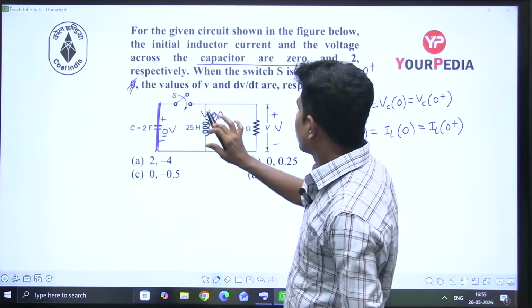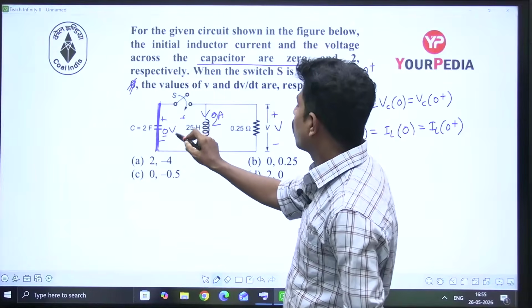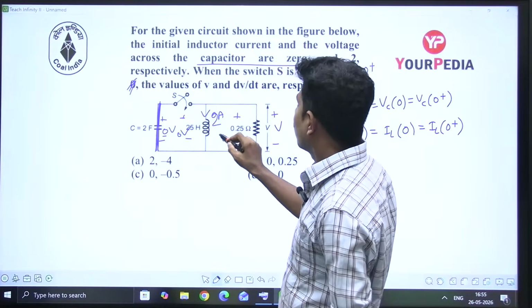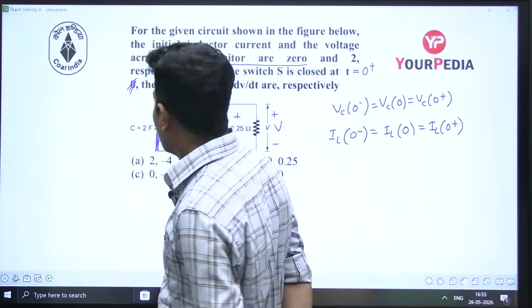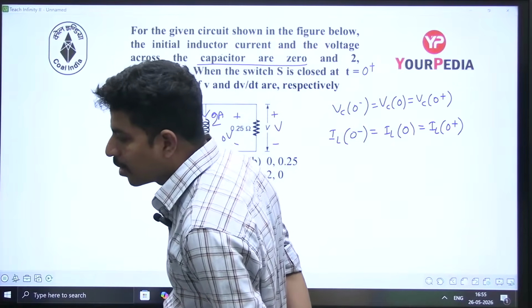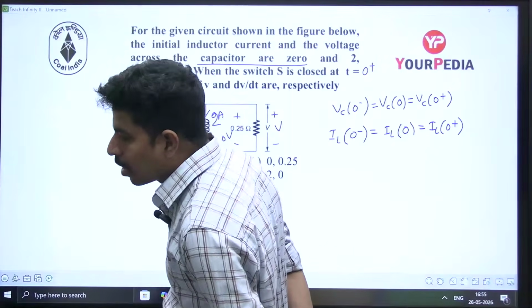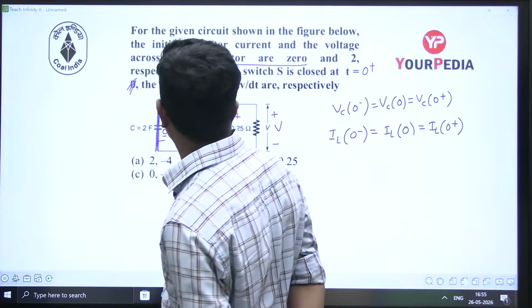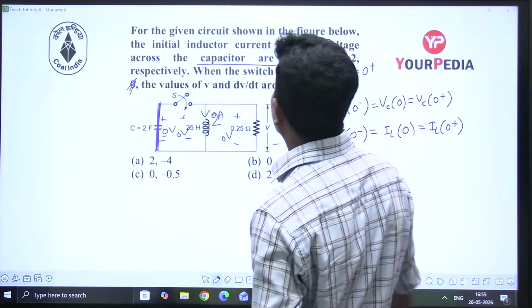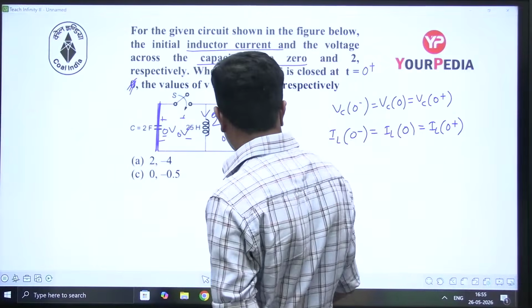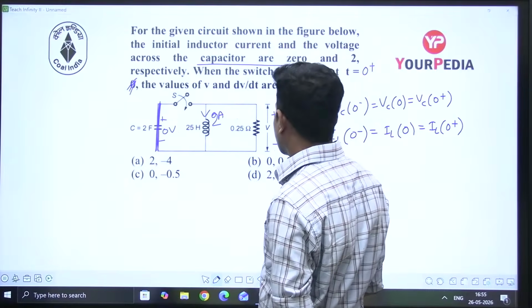If this is 0, this should be 0, right? Why is it 2, minus 4? People gave 2 comma minus 4, I don't know, they remembered. Current is 0, sir, not the voltage. Inductor current is 0. Sorry, I took it in reverse. Just a minute.